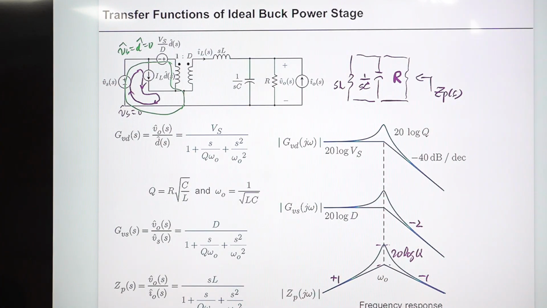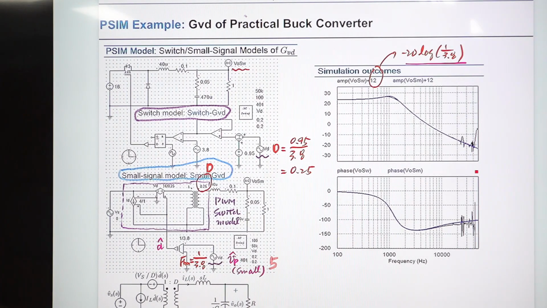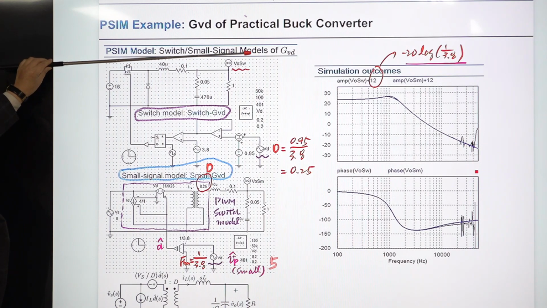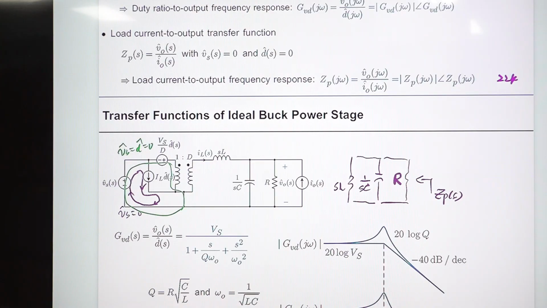All right. Then I have some simulation example: the Bode plot of a practical buck converter. Ideal means RL and RC are both 0, okay?